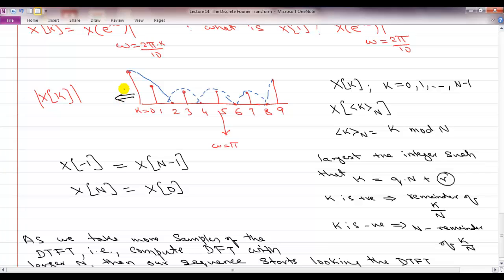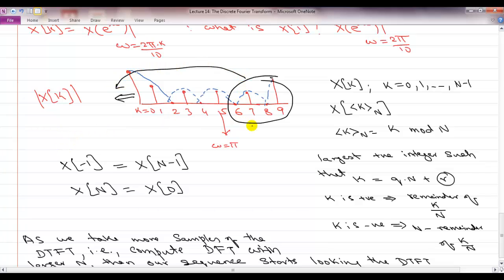Now, if we really want to think about computing or learning about the DTFT of sequences, we are used to looking at the DTFT from -pi to pi. So what do we have to do if we really want to look at what this DTFT looks like from -pi to pi? We have to take these samples and put them in this half, okay?